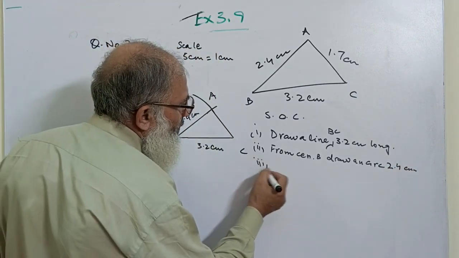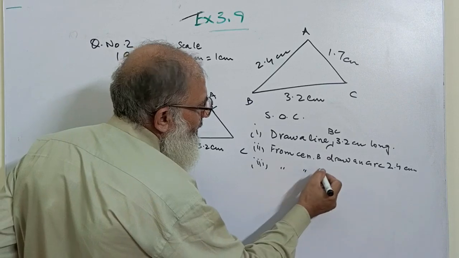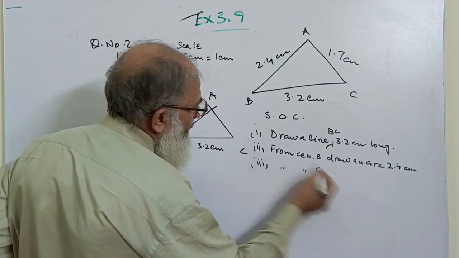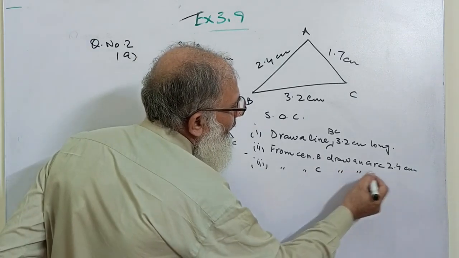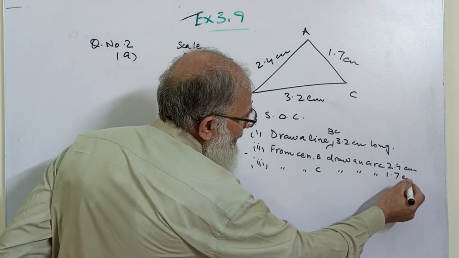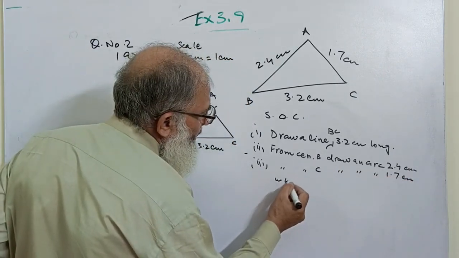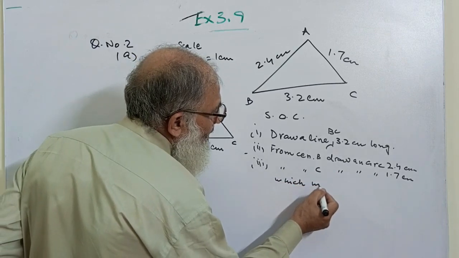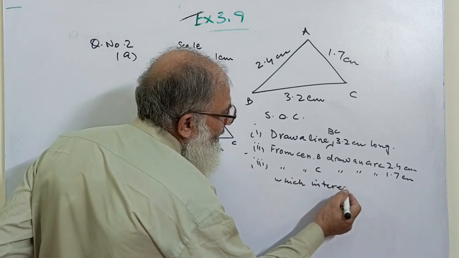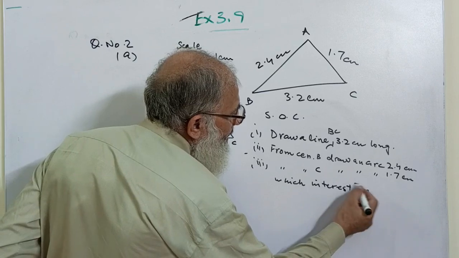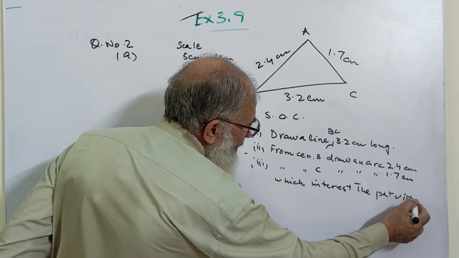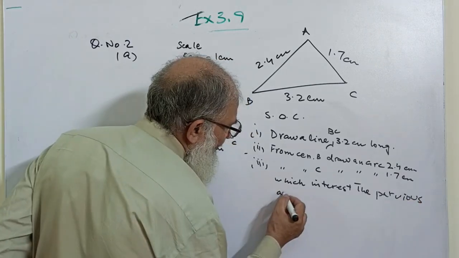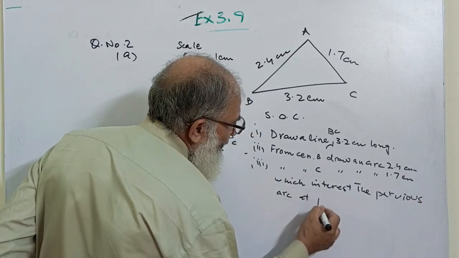And from center C, draw an arc of 1.7 centimeters which intersects the previous arc at point A.